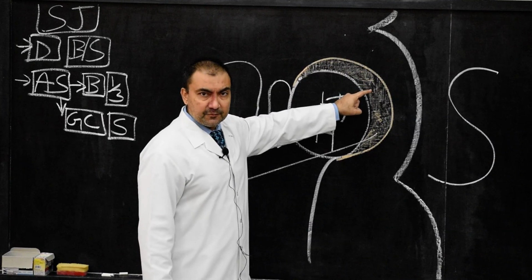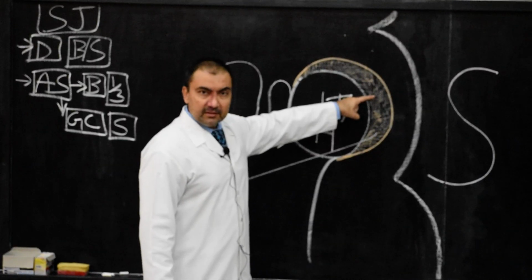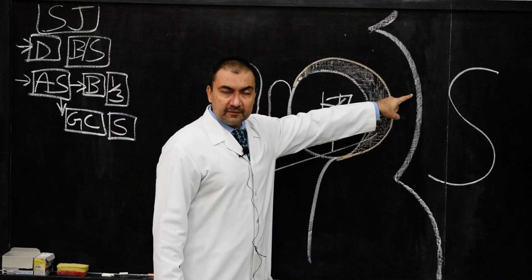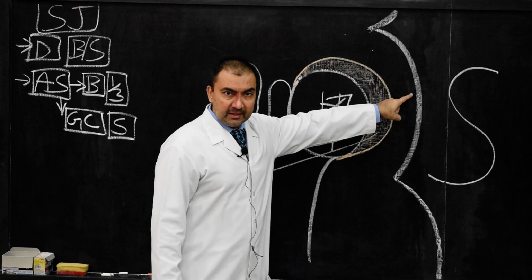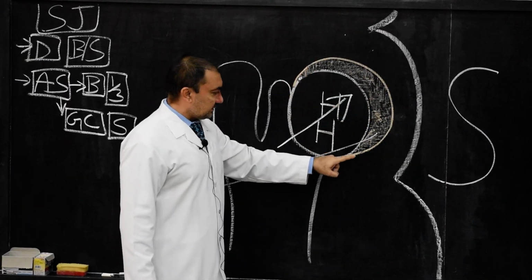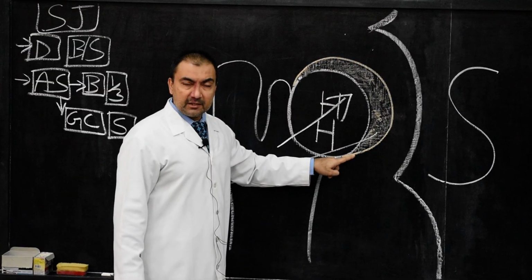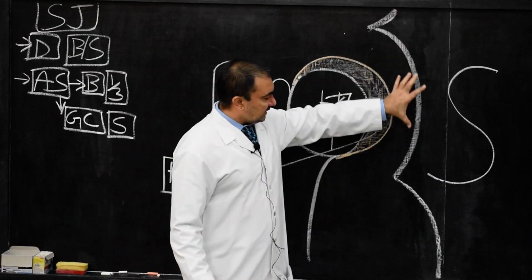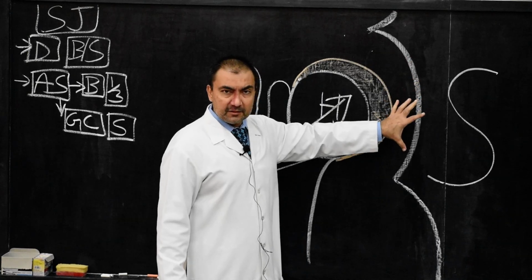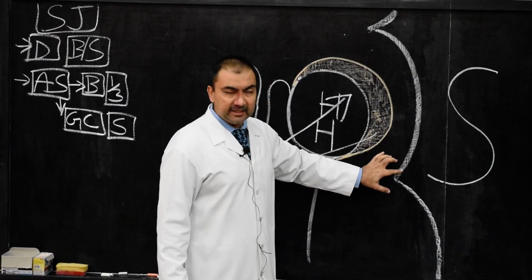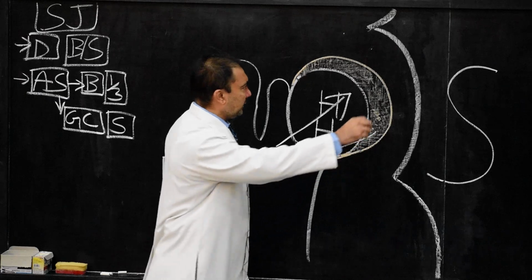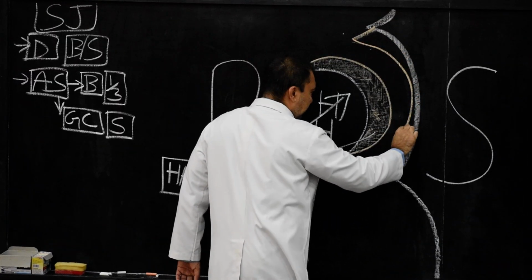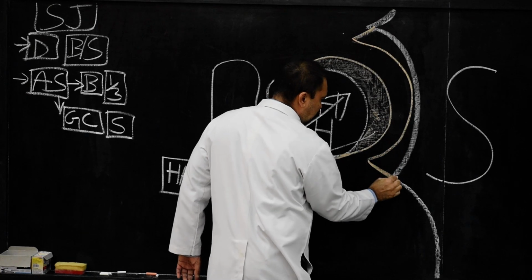That means the cartilage which was thicker in the center over the head of the humerus will be thin in the central portion covering the glenoid cavity of the scapula, and the cartilage which was thinner at the peripheral part over the head of the humerus will be thicker in the periphery here. So if I draw over here, this will be the articular cartilage.